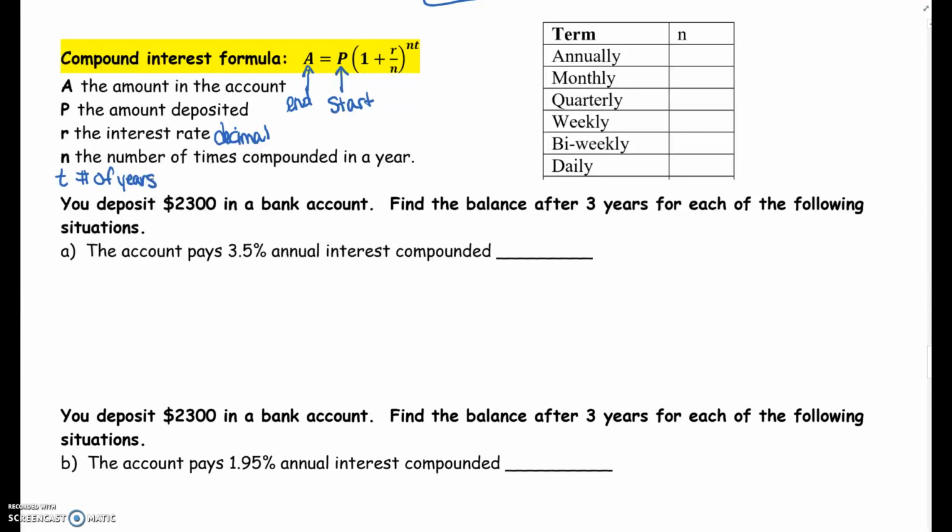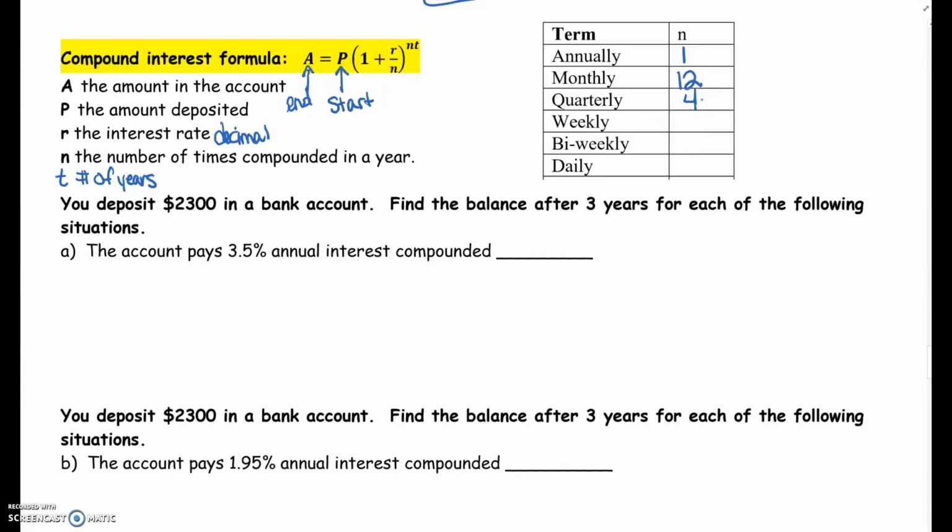How many times it's compounded in a year. This is kind of weird. If it's compounded annually, then n is 1. It's compounded once in a year. So once every year, they calculate the interest and add it in. If it's calculated monthly, you would use an n value of 12. Once every month, 12 times a year, they calculate the interest and add it in. Quarterly, how many quarters are in a dollar? 4. There are 4 quarters in a year.